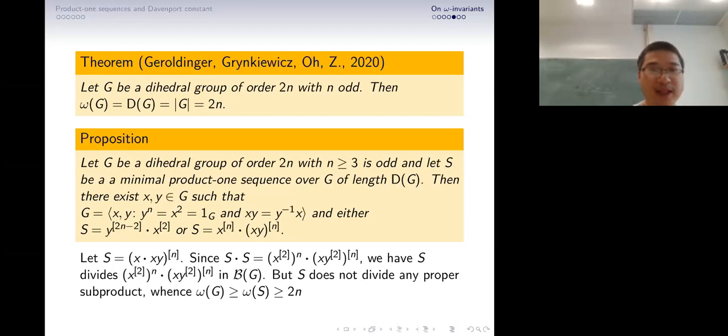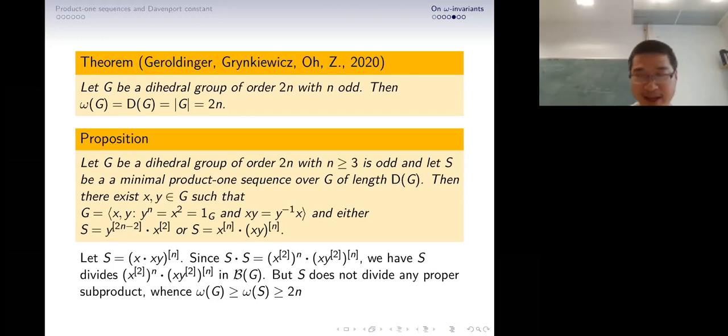And to show this, we need to know some structure. Which means the following proposition: if G is a dihedral group of order 2n with n odd, then for the maximal minimal product one sequences, we know the structure of the sequence.